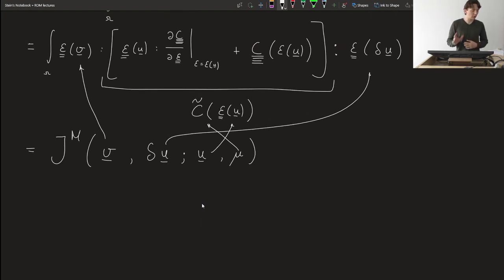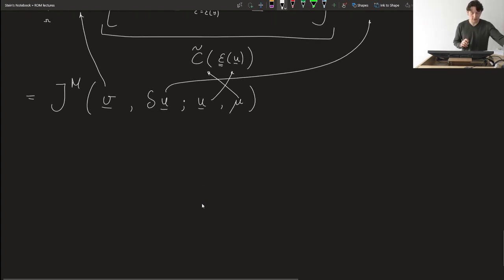Now I'll talk about how to treat this from a model reduction perspective in just a second. First I want to discuss also how the geometric nonlinearities fits in the same view.